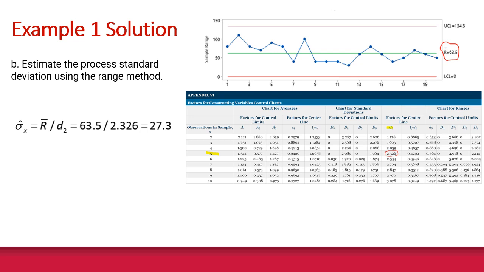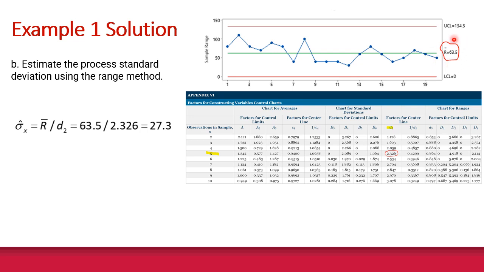Part B, estimate the process standard deviation using the range method. So we have a formula for that. The standard deviation here is from the samples we've drawn. So that's R bar divided by d2, and d2 comes out of the table. So how do we find the range? Well, we can pull that right off the chart itself.